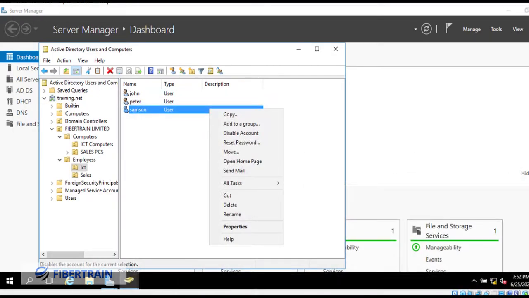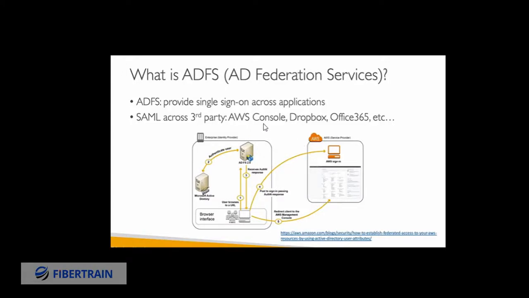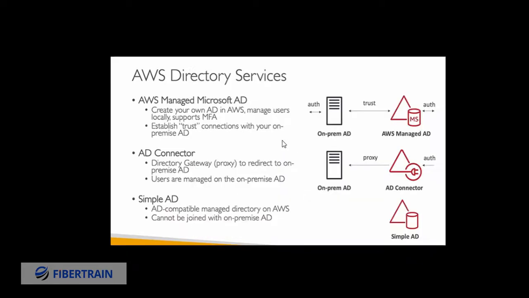And so with SAML, we're able to use Active Directory Federation Services to create a single sign-on authentication to third-party applications like AWS Management Console, Dropbox, Office 365, etc. So you see, Active Directory is so powerful that it can even authenticate other applications that are not even within your on-prem.